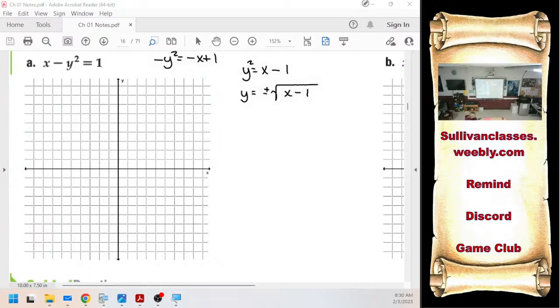Should be symmetric to the x-axis. X-axis is horizontal left to right.